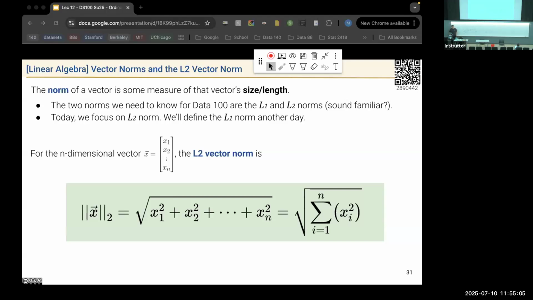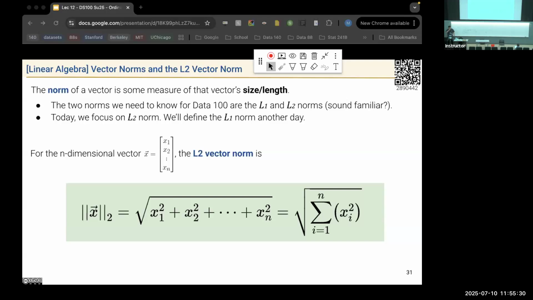If you have a vector x that's x1, x2, all the way to xn, so you have n entries, then the L2 norm of that vector is computed as follows: you square each entry of that vector, sum them up, and take the square root of it. Taking the square root puts things back into their original units. That's why we want to do it.